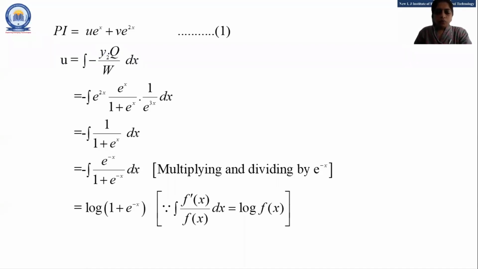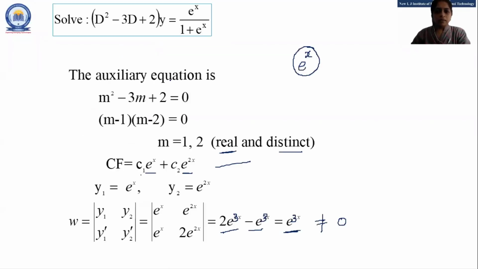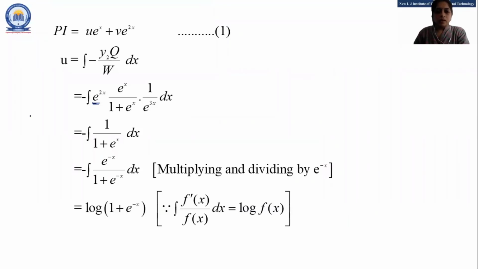Our y2 is the multiple of C2, and that is e raised to 2x. Your q is the right hand side of the given differential equation, and that is e raised to x upon 1 plus e raised to x.